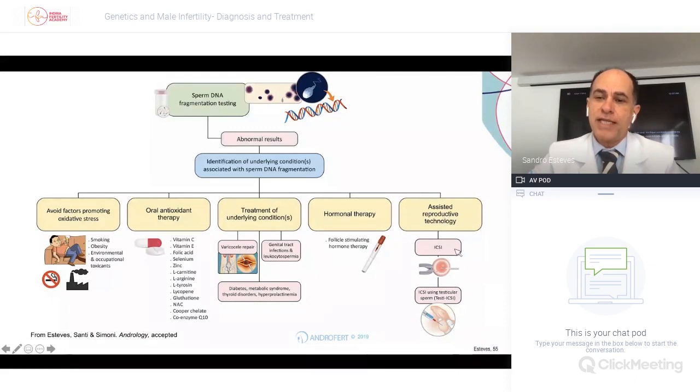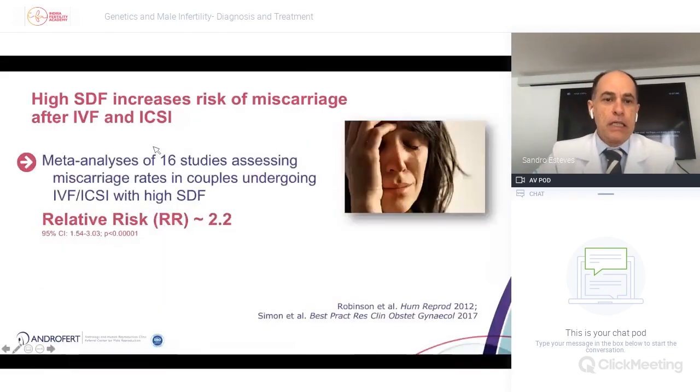And also we can go directly to ICSI because there's no point of putting the patient on intrauterine insemination if the sperm DNA fragmentation is too high, or even conventional IVF. So the best results will be with ICSI. And if ICSI fails, then we need to consider using testicular sperm rather than ejaculated sperm for this patient category.